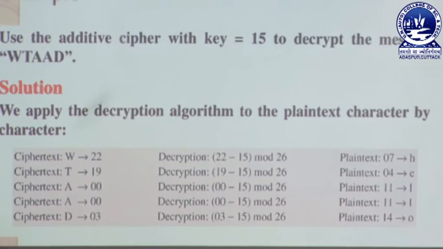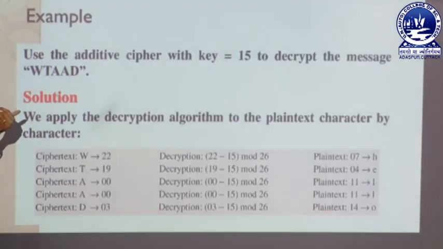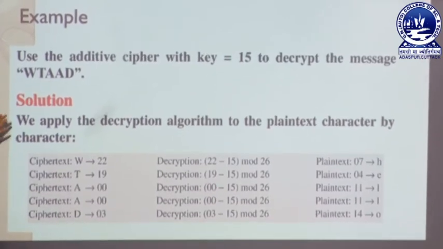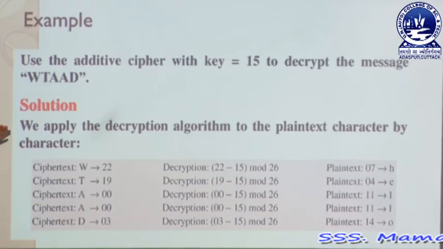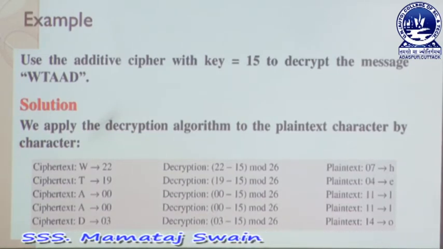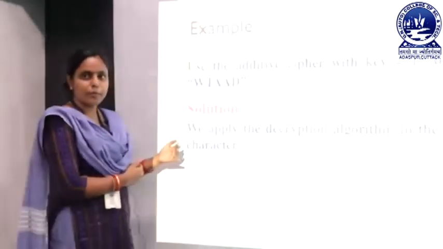Next example, here I am using the decryption of the same ciphertext which is generated from the hello plain text and use the same key 15. Here the first ciphertext letter is W, which corresponding numeric value is 22. In the decryption process in additive cipher, we have to subtract the key value from the ciphertext.